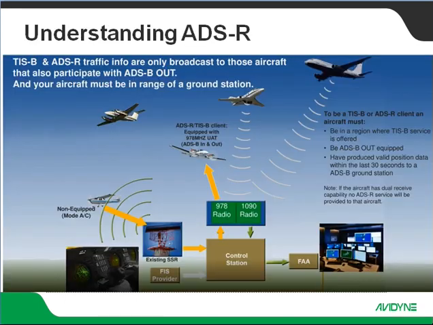So let's talk about that a little bit. ADSR. What is ADSR? ADSR is the rebroadcast. So for instance, if I've got an aircraft out there that is a 978 out, but I've only got a 1090 receiver on my aircraft, I'm not going to see him air to air because I'm not listening on the same frequency he's squawking. But he's sending his information to the ground station on 978.